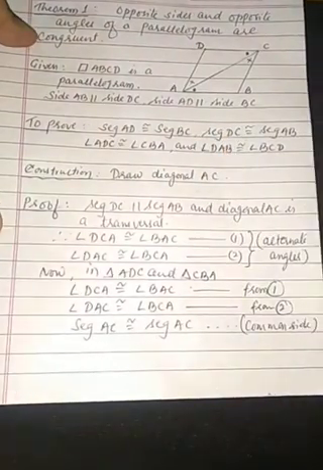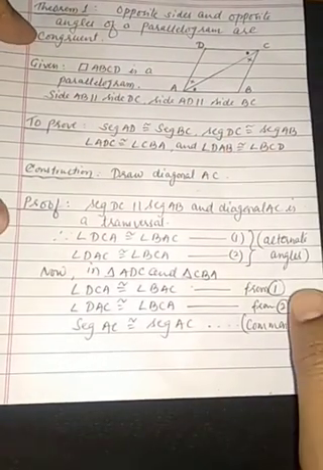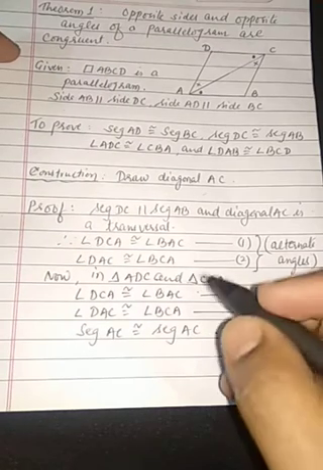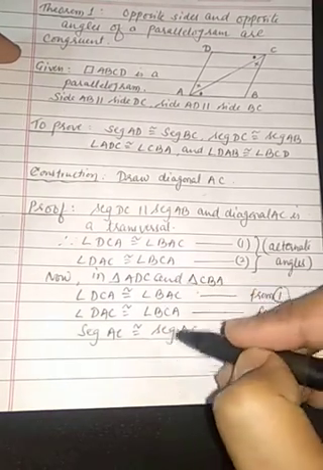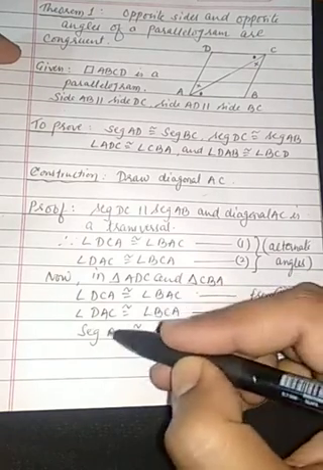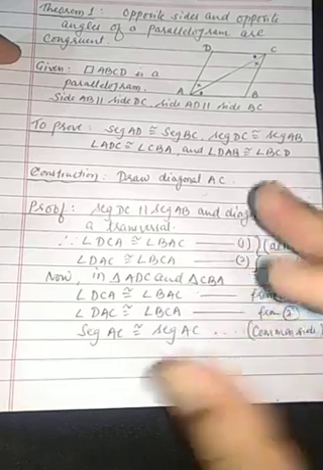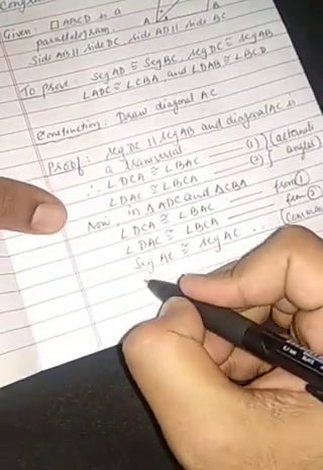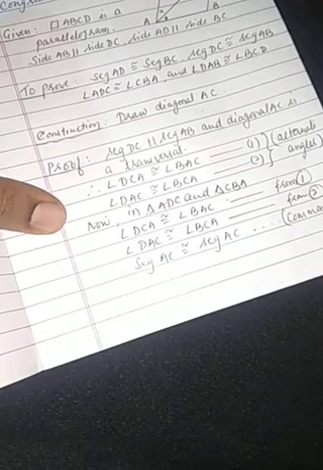So now you have two angles and a side, and you can see here side AC is included between the two angles. So if two angles and a side included between them are congruent, then both the triangles are congruent. By which reason?